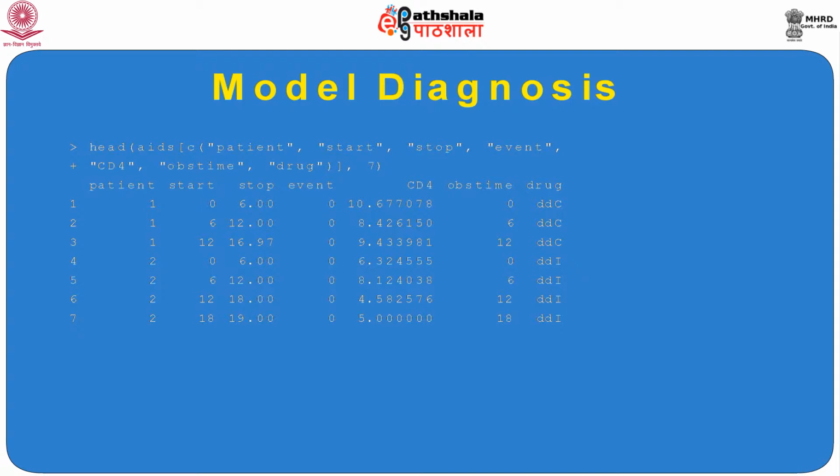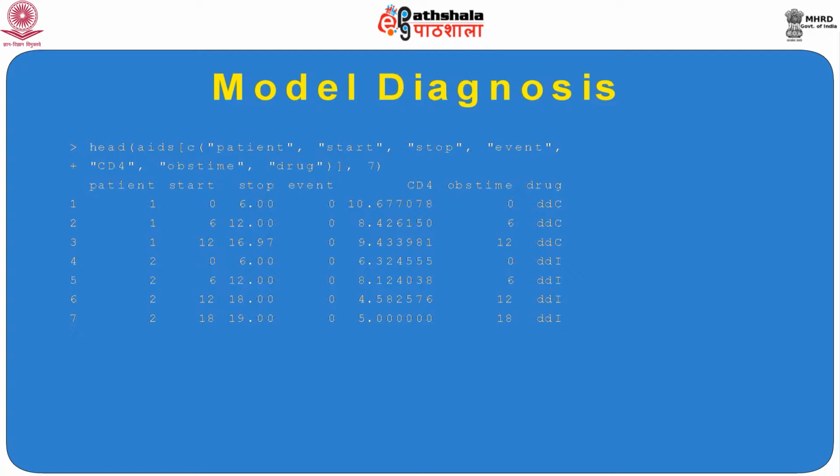Again, for the same patient, the measurement time from 6 to 12 is considered, because the first row was for 0 to 6 and the second row is for 6 to 12. In that follow-up visit the CD4 level reduced to 8.42, and again he was not shifted to any drug therapy.